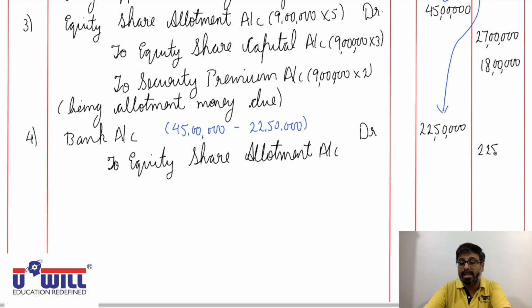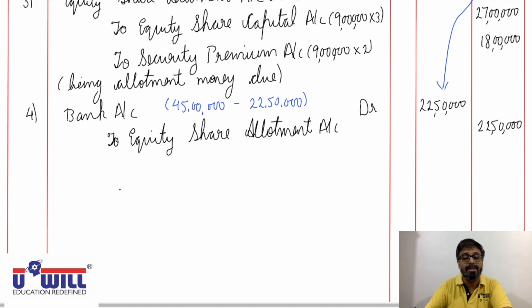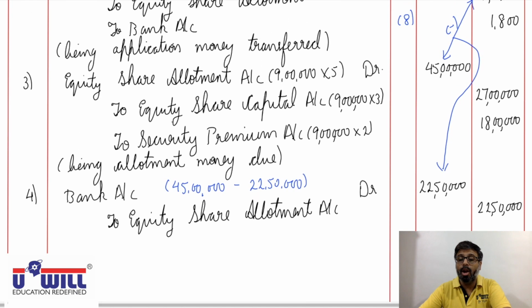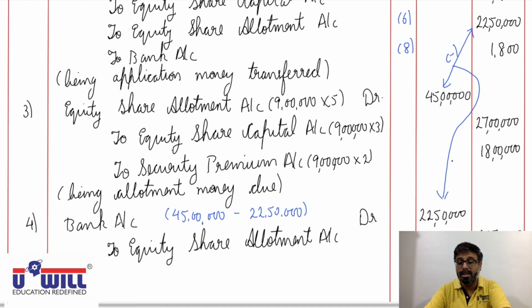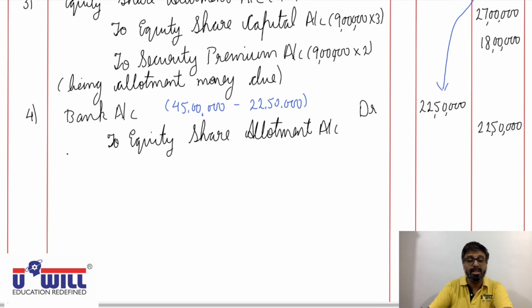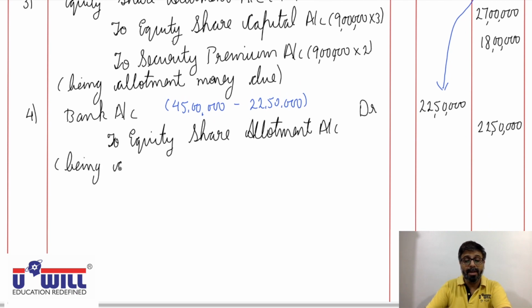And there are no calls in arrears, which means this 22 lakh 50,000 is entirely received. Being allotment money received.